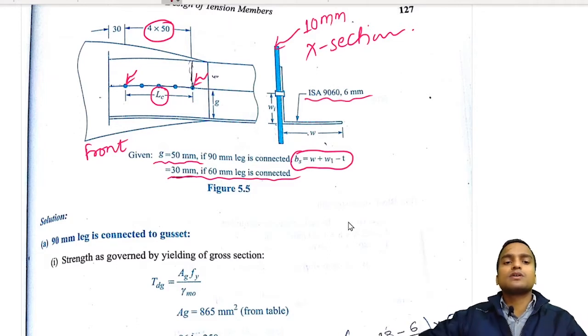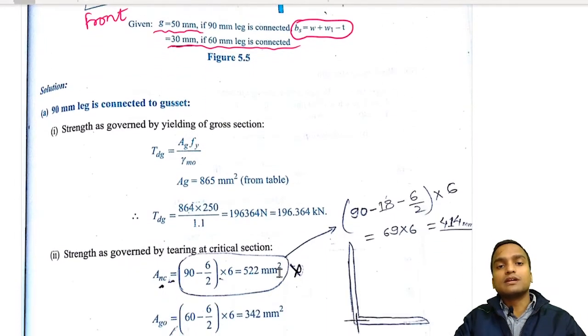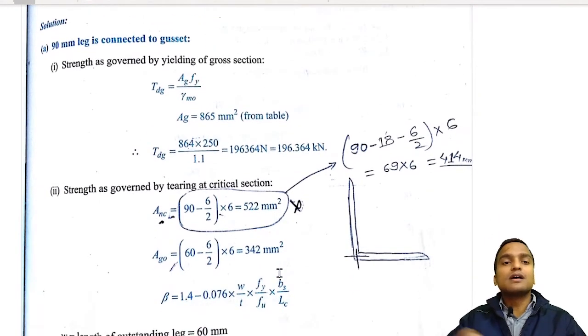Okay, so let us start the solution, and if we take the first case in which the 90 mm leg is connected to the gusset, we have to calculate first of all the value of TDG, yielding of gross section, and it is equal to AG into Fy divided by gamma M0.